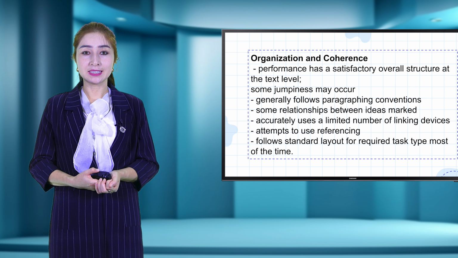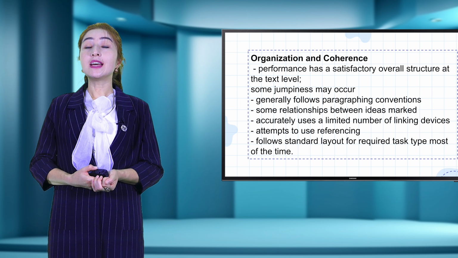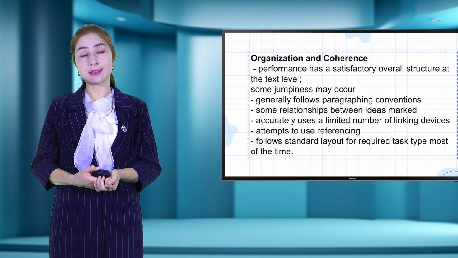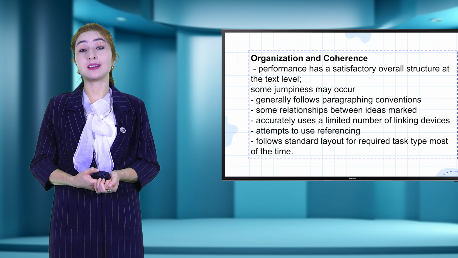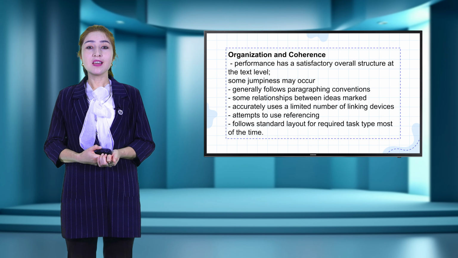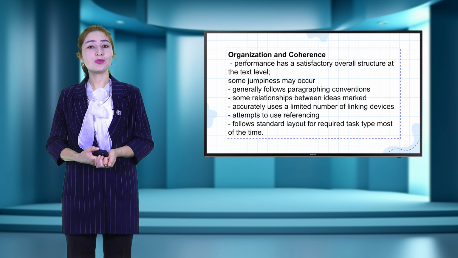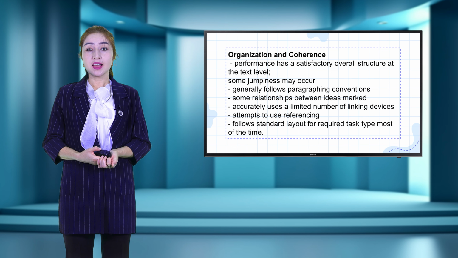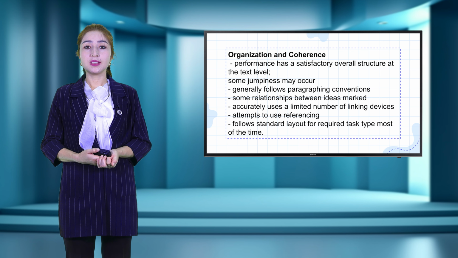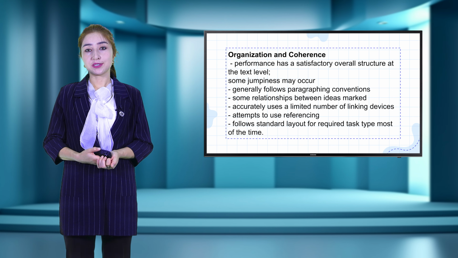You can accurately use a limited number of linking devices. They should be obvious and clearly presented in your letter. You must attempt to use referencing, and you can follow the standard layout for the required task. Yes, they are very essential in writing a letter.